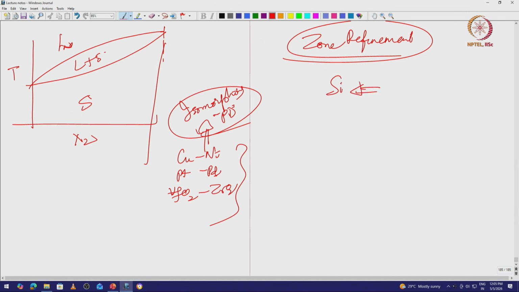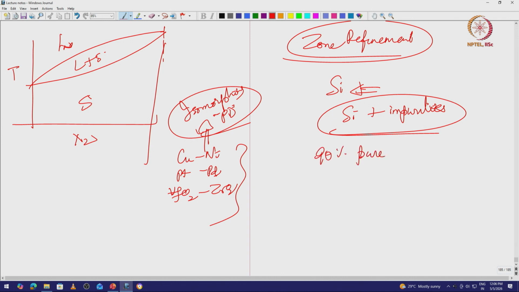I said it is impossible to make pure materials, so there are some impurities. I just want to see the impurity percentage. So silicon is, to start with, 90% pure. Let us say I start with silicon that is 90% pure.